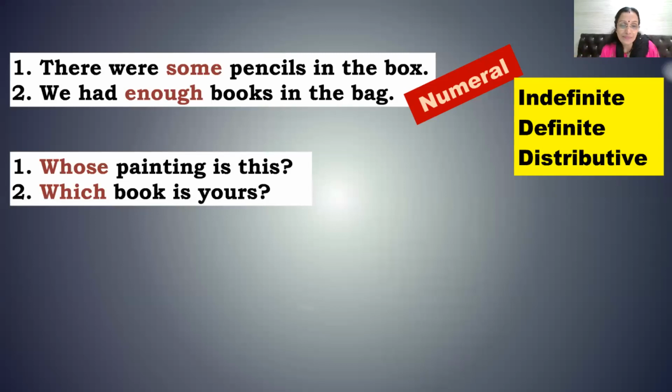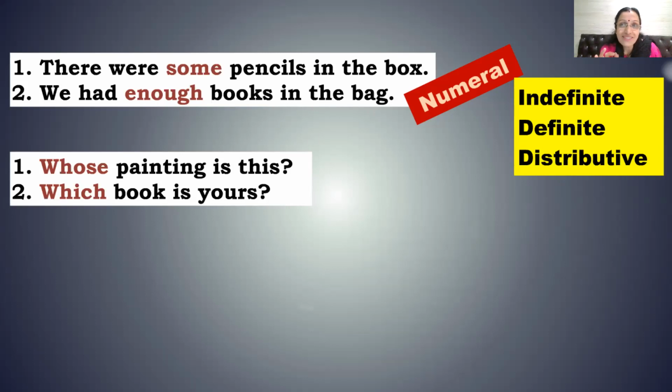The meaning is the same. Yes, ma'am. But when I say whose is this painting, the word painting is not coming after the word whose. Therefore, it is not an interrogative adjective. It becomes an interrogative pronoun.